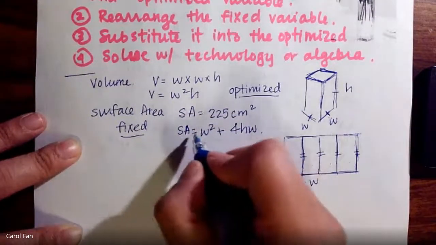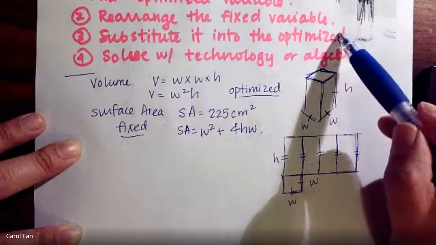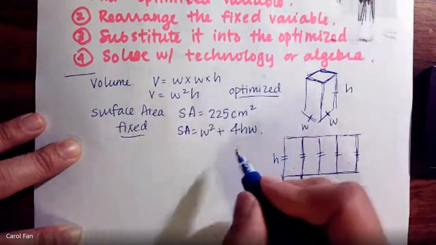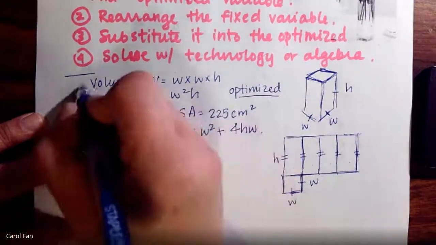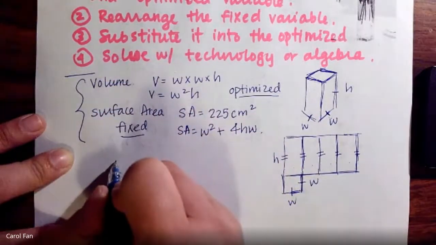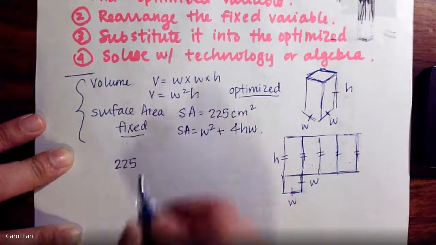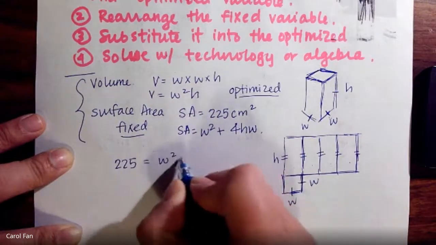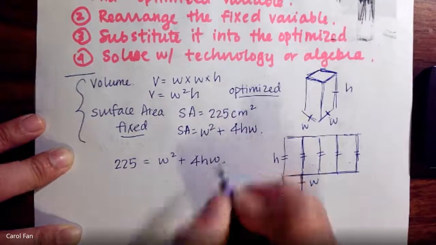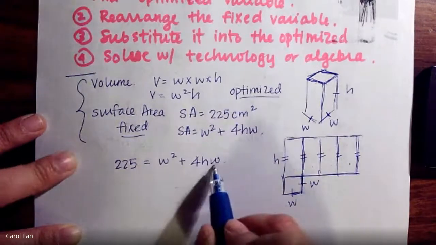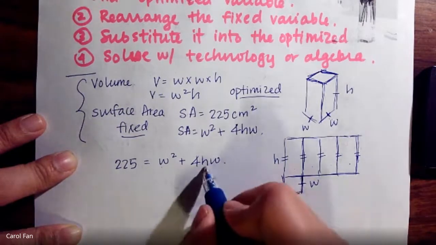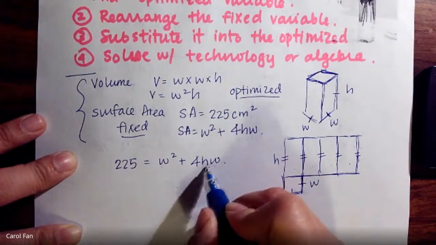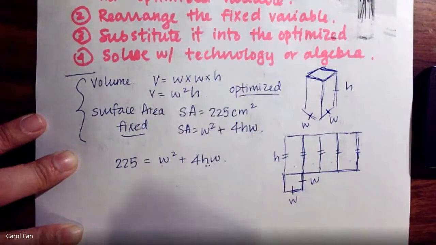So let's take our second step, rearrange the fixed variable so that I can substitute it into my optimized. So surface area, 225, is equal to W squared plus 4HW. Now I've got a W and W squared here. That is going to be a little bit tricky to work with, so I am going to solve for H so that I could substitute H into volume.